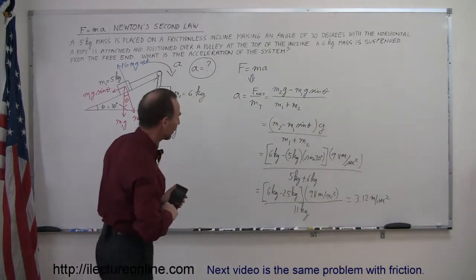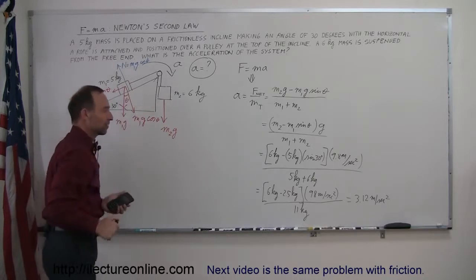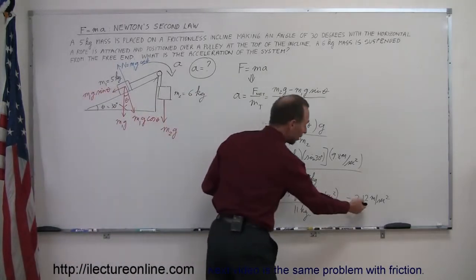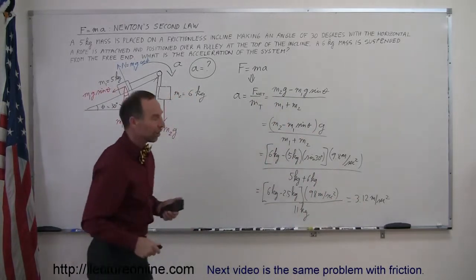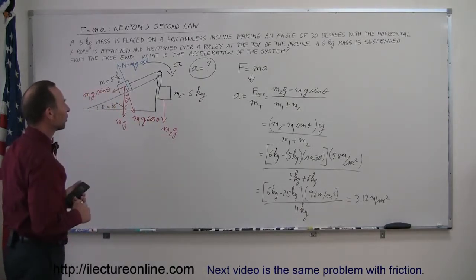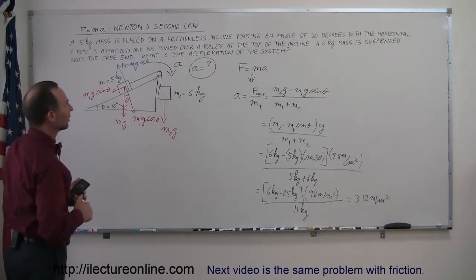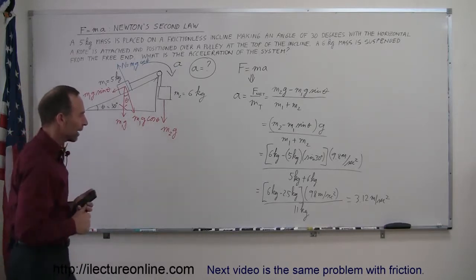Those are the proper units of acceleration. And since I only gave you the numbers to one significant figure, we should round this off to one significant figure. So we should say 3 meters per second squared. Although normally we get the numbers to more significant figures, I just wanted to take it easy here and use one significant figure in the problem.